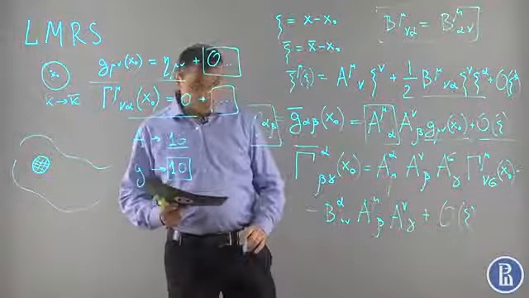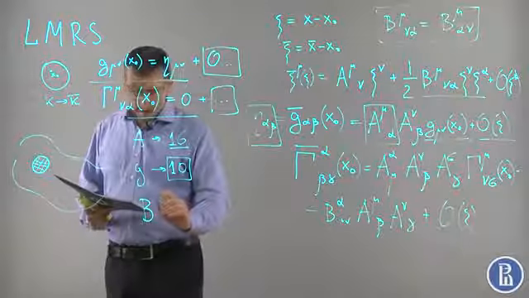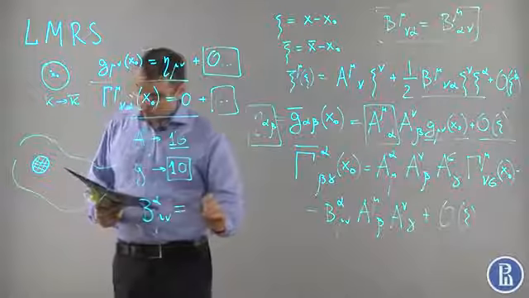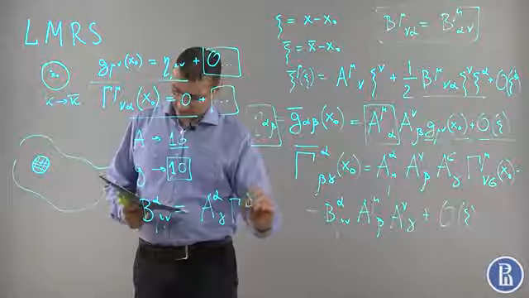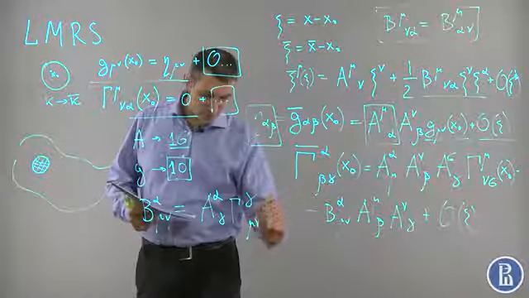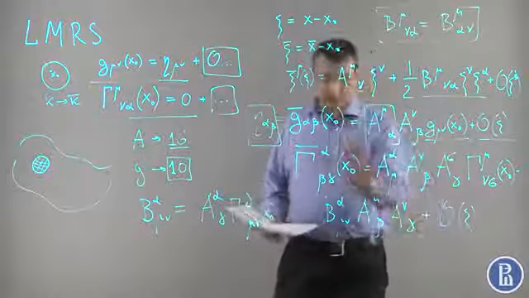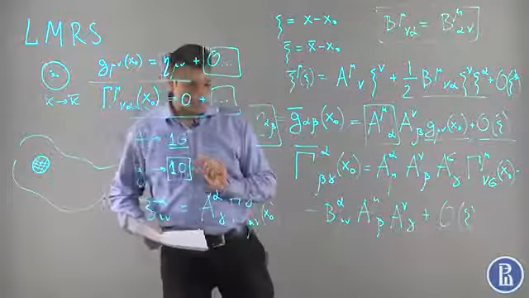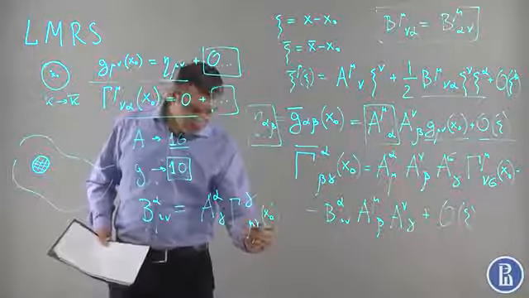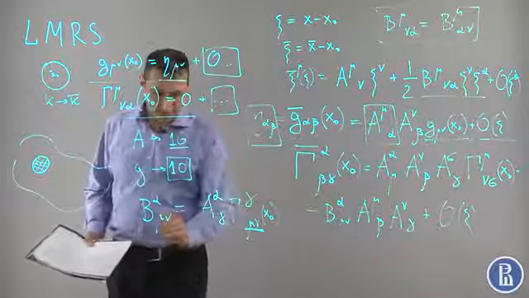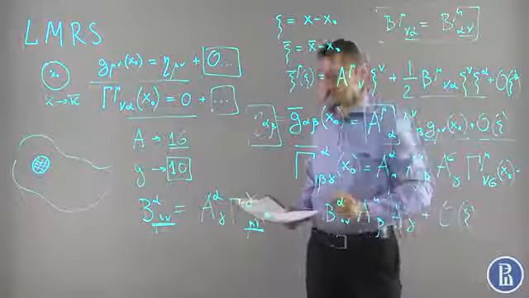And also, if we choose b^α_{μν} to be equal to a^α_γ Γ^γ_{μν}(x0), we also can set, up to these terms, this quantity to be 0. It is possible to do that because Γ is symmetric in its lower indices.